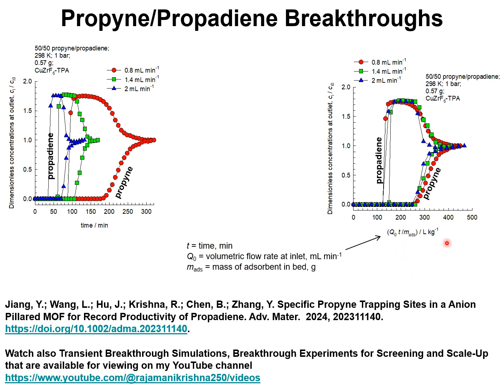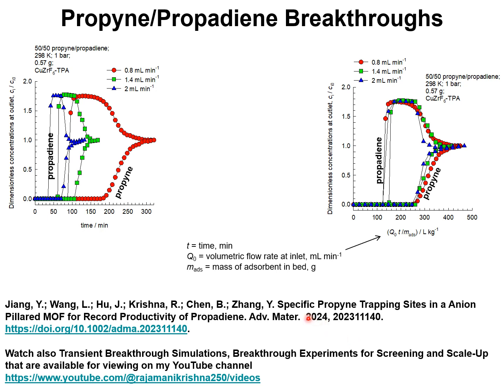This modified time parameter should, in theory, account for differences in the flow rates at the inlet and differences in the masses of adsorbent, should that be relevant. We see that the 3 sets of data collapse more or less to produce a unique curve, indicating that at first sight the data are consistent and can be analyzed further.